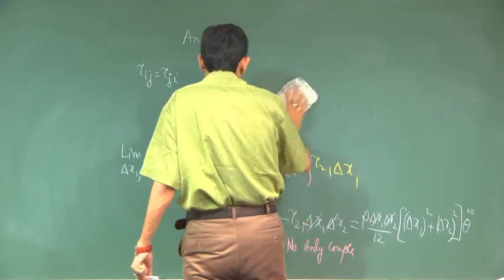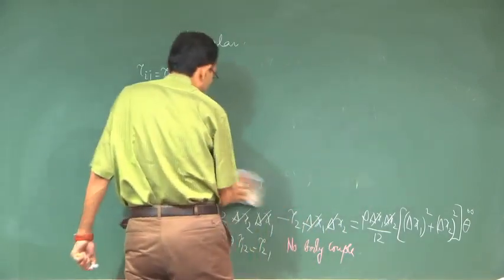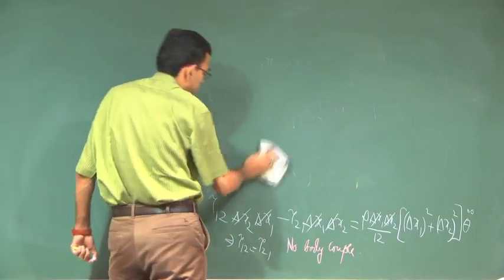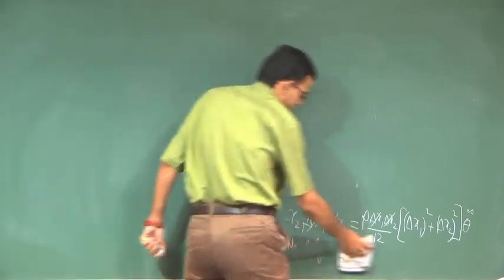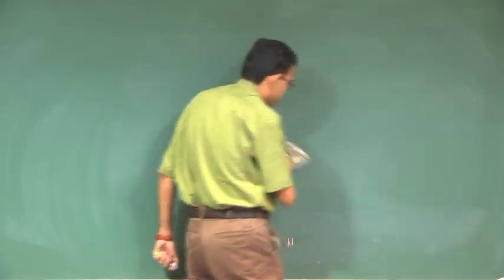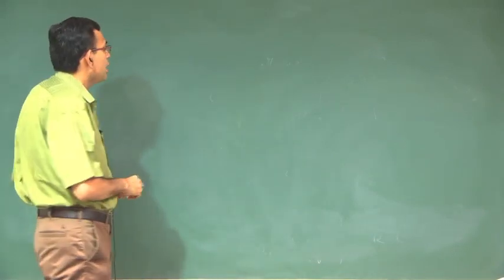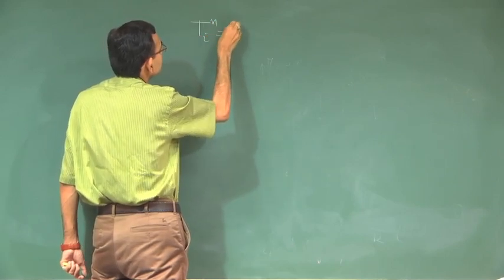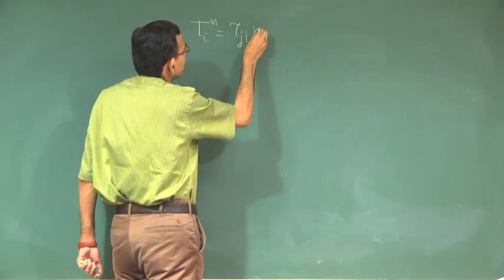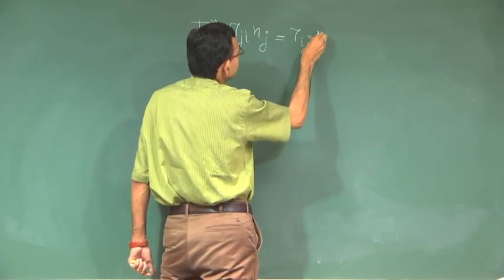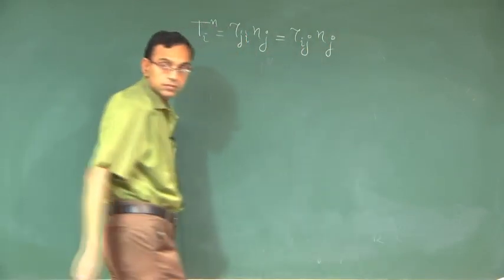So, with this background, we will now write the Reynolds transport theorem for the conservation of momentum. So, the Cauchy's theorem, which was earlier written as, without any body couple, this will become, okay.